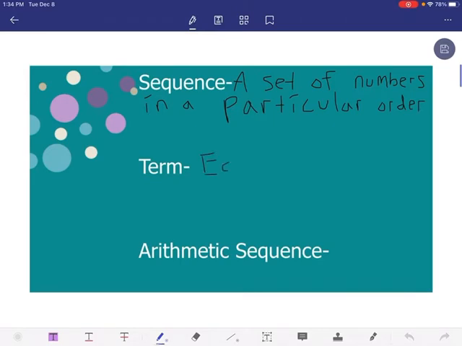A term is going to be each number in a sequence. So basically, a sequence is just going to be a list of numbers. And it matters what order they're in. So they do have to be in a particular order. And we call each of those numbers a term.